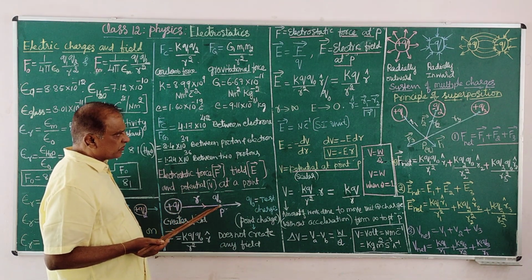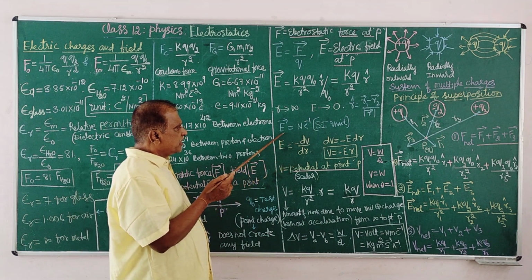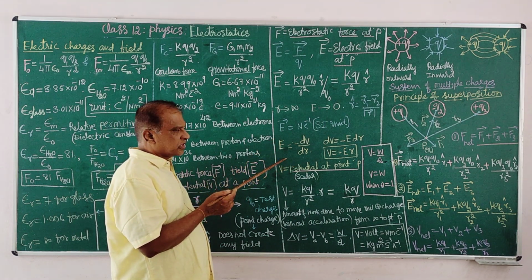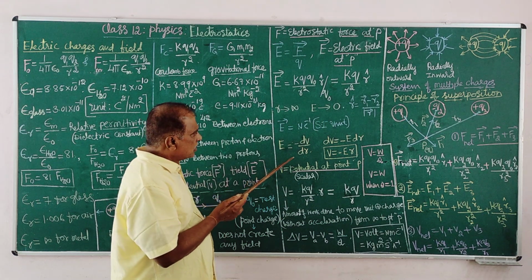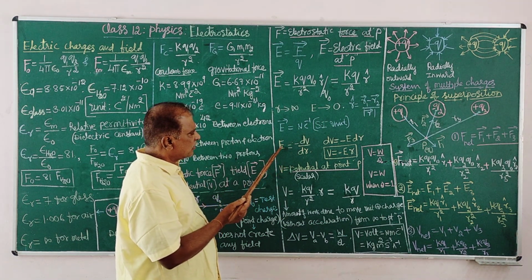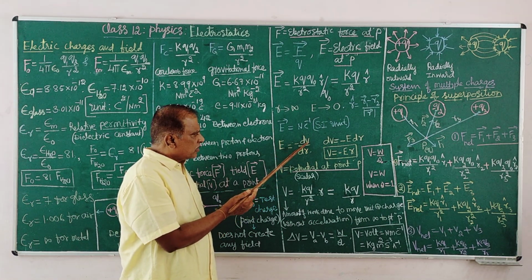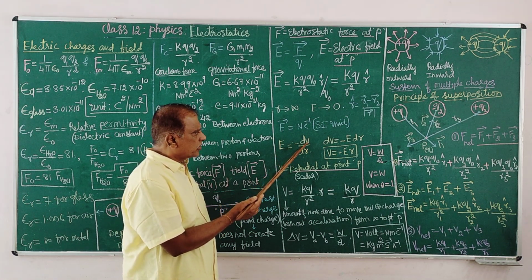To define potential, let us write this mathematical relationship from electrostatics. That is a differential equation. What does the differential equation say? Electric field is always equal to minus dV by dR, where V stands for electrical potential.